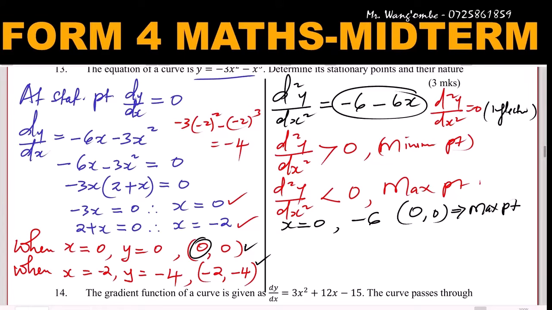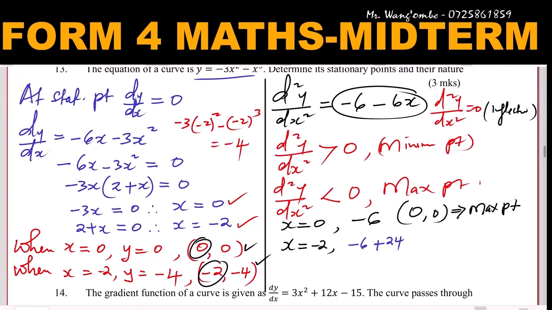Then you test the second one. The second stationary point is negative 2, negative 4. So we test with the x coordinate. X is negative 2. Just substitute in the second derivative, negative 6, subtract 6x. So this will give negative 6, subtract, this will give plus 24.